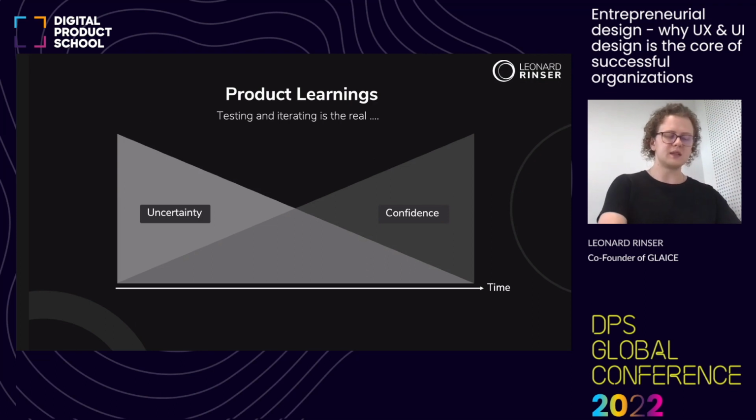So if I tested and iterated my product, I decreased my uncertainty and increased my confidence. And that's very important for me, because I think that's the most important thing, how you can create great products. You need to be confident that you're doing the right things, and you only can get that confidence if you test and interact with your users and customers.